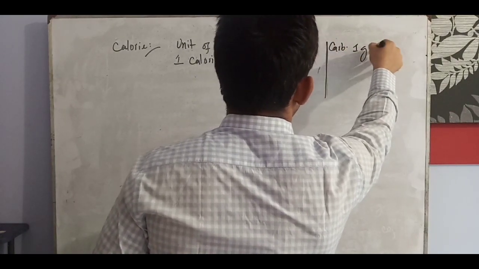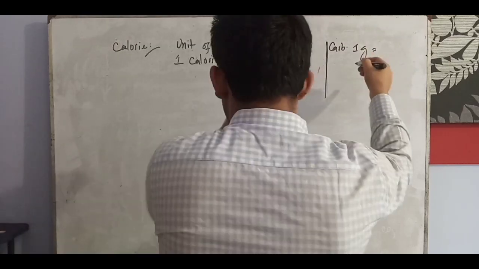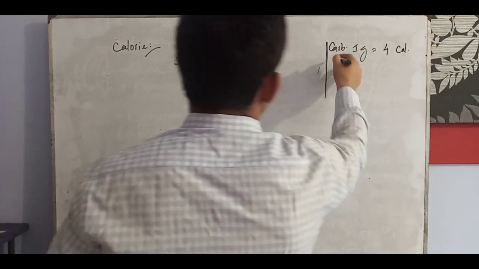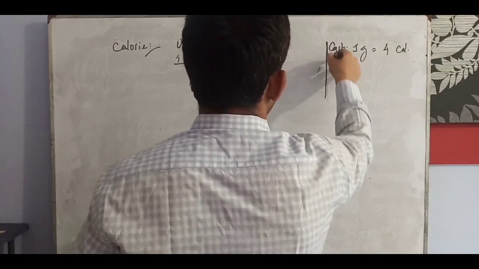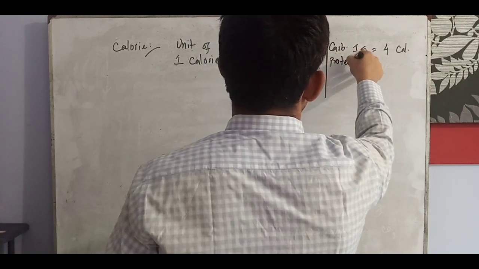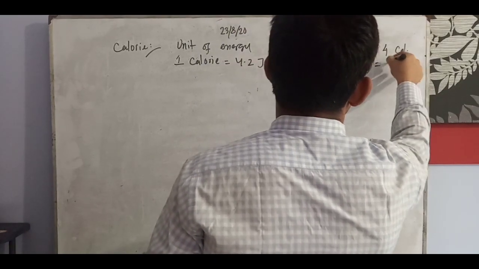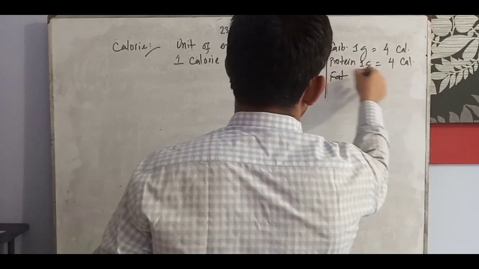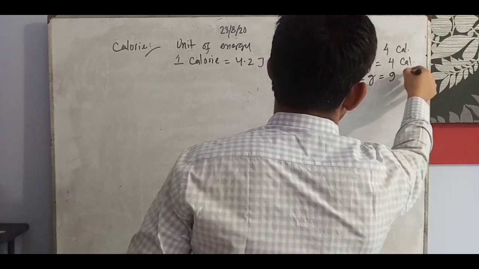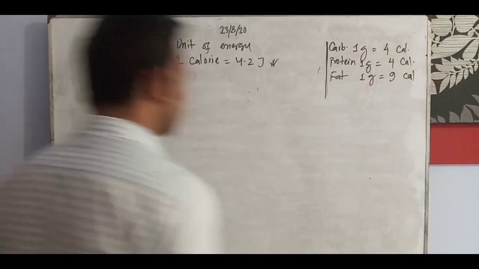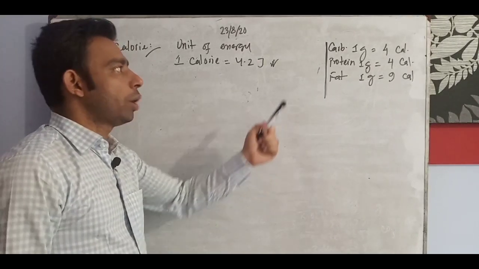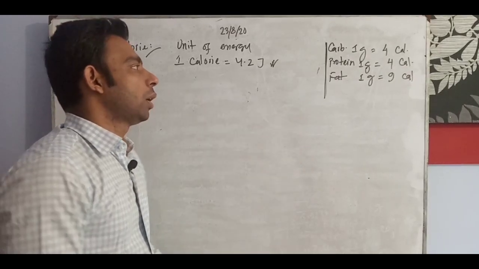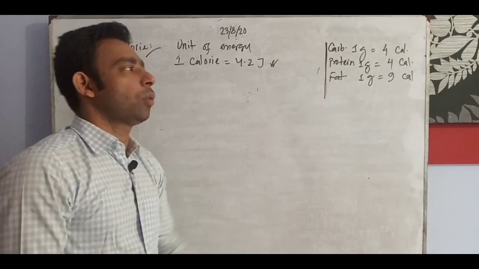From 1 gram of food, what amount of calorie do we get? From 1 gram of carbohydrate we get 4 calorie, from 1 gram of protein we also get 4 calorie energy, and from 1 gram of fat we get 9 calorie energy.